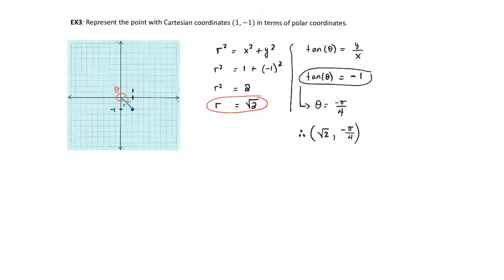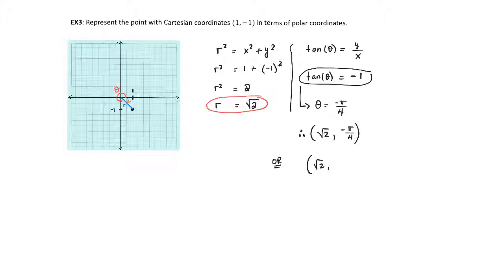But let's say that somebody wants a positive theta. Let's say this red theta right here. If you want a positive theta, you can easily get that. So another representation, I'm going to put over here, is square root of 2.